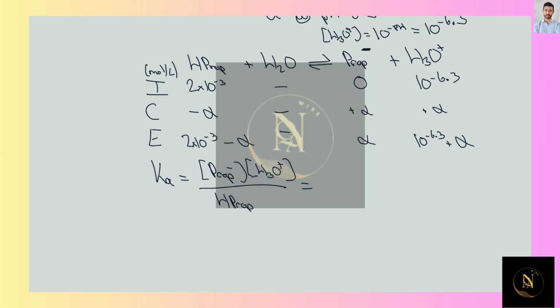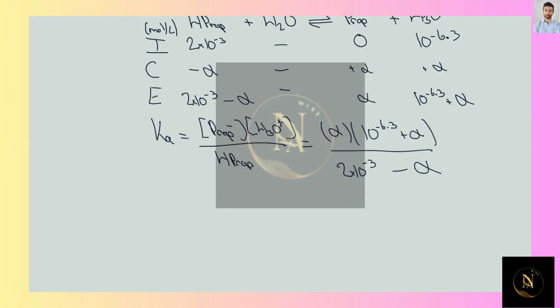Replacing the values that we found at equilibrium, this is alpha times 10 to the minus 6.3 plus alpha, divided by 2 times 10 to the minus 3 minus alpha. Right now what we need to do is solve for alpha, and with that we can calculate the percent of ionization.